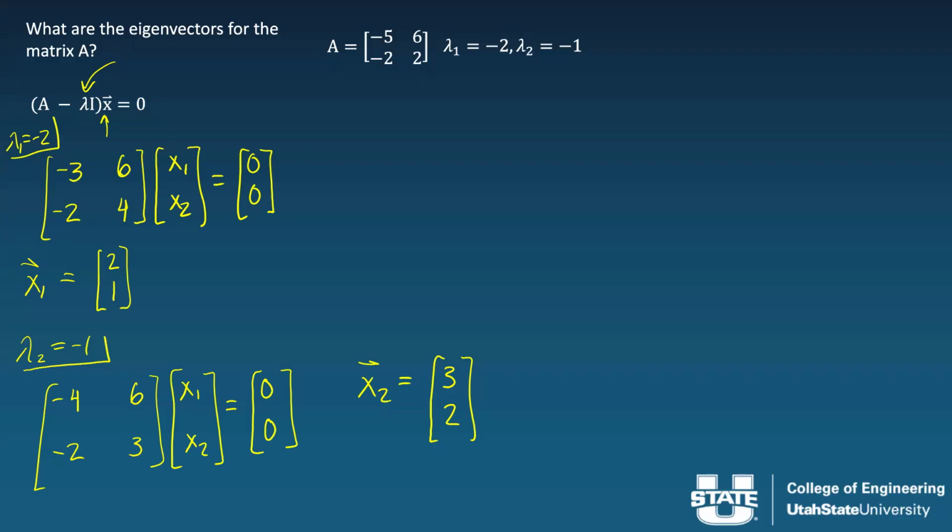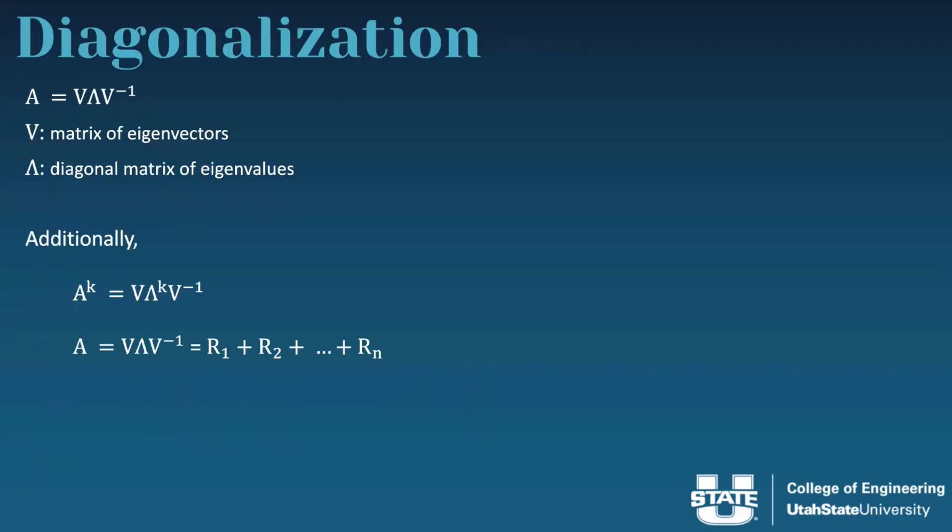Okay. So then moving on to diagonalization is a great place where these eigenvalues and eigenvectors get utilized, right? So diagonalization basically breaks it down and says that a matrix A can be expressed by the multiplication of these 3 matrices where this V is the eigenvectors and then this capital lambda is the matrix of the eigenvalues that correspond to those eigenvectors in the matrix.